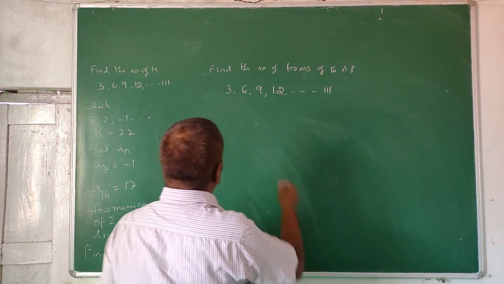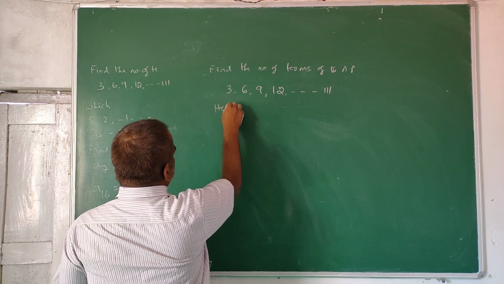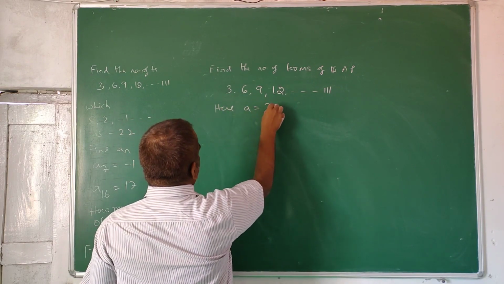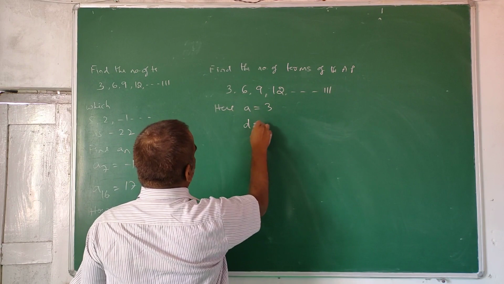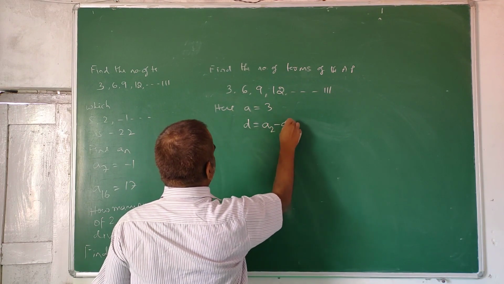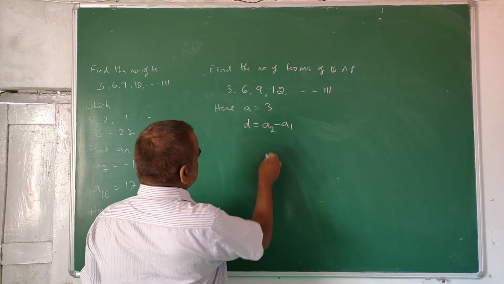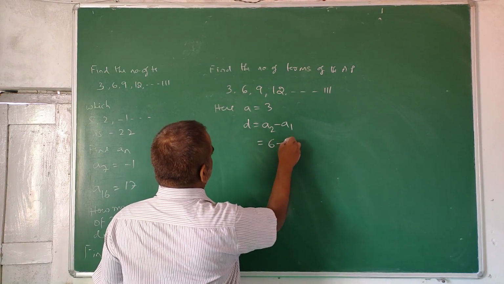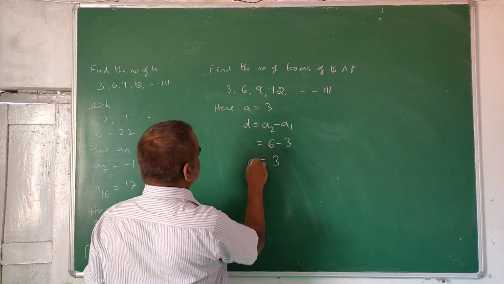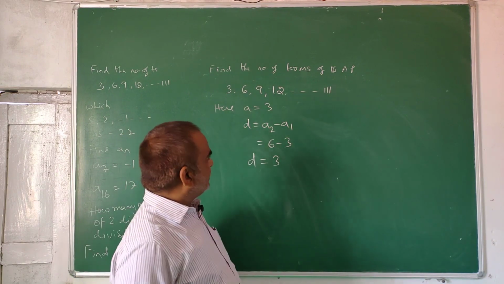So here A is equal to 3 and D is equal to second term minus first term, A2 minus A1, which is equal to 6 minus 3, which is 3. So D is equal to 3, A is equal to 3.